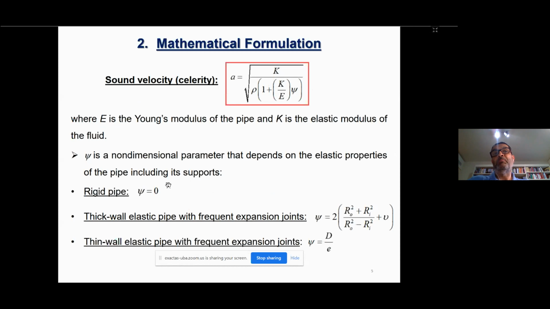For example, for a rigid pipe, this value can be 0. And there are some expressions in the literature, for example, for a thick wall or for a thin wall elastic pipe with expansion joints like this.